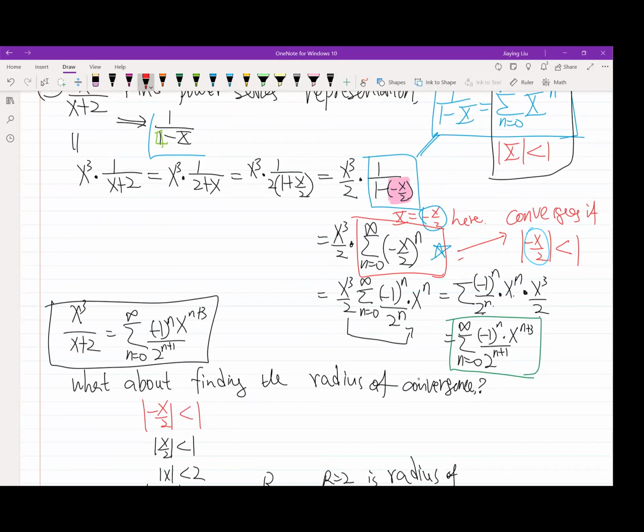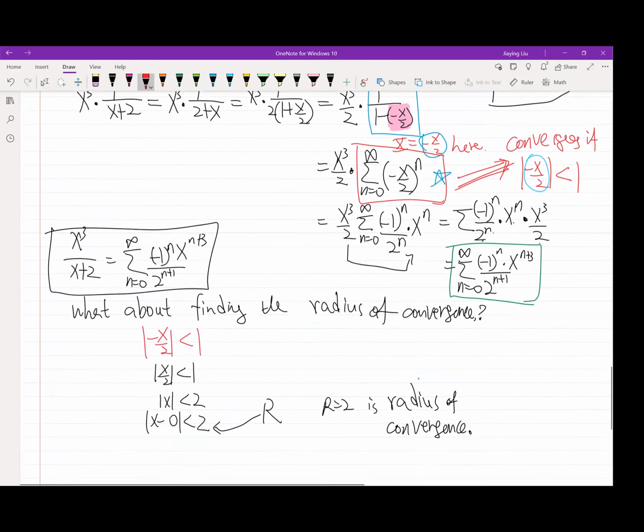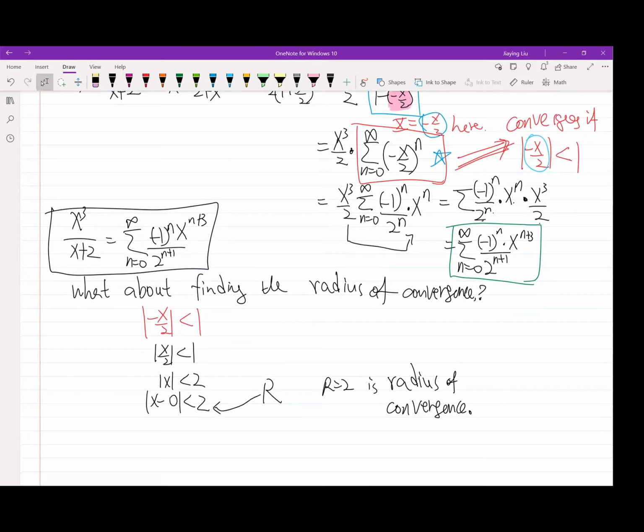So this series I found is convergent if the absolute value of negative x over 2 is less than 1, right? And how do we find the radius of convergence? We're just going to take that inequality and manipulate it, to find the R there.